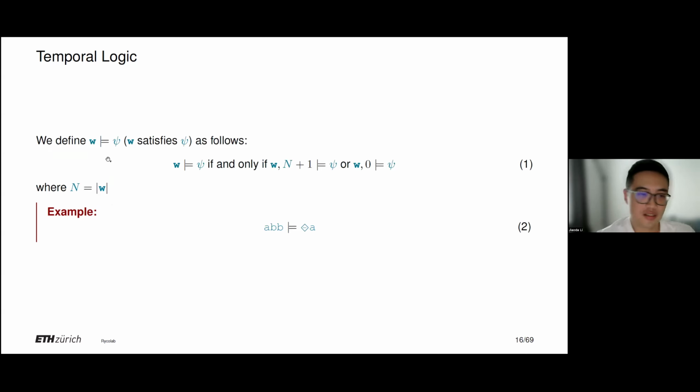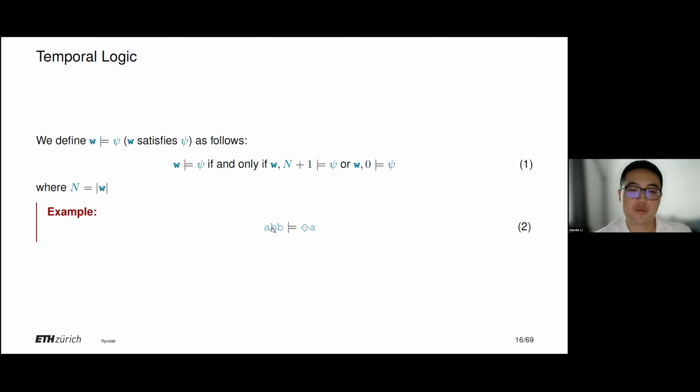To define when a string w, without any position specified, satisfies a formula psi, we imagine we are at a position outside the string. It could be n plus 1, where n is the length of the string, or it can be 0, which is also outside the string because the first position in the string is 1. As long as this formula is satisfied at the position outside the string, we say this string satisfies this formula.